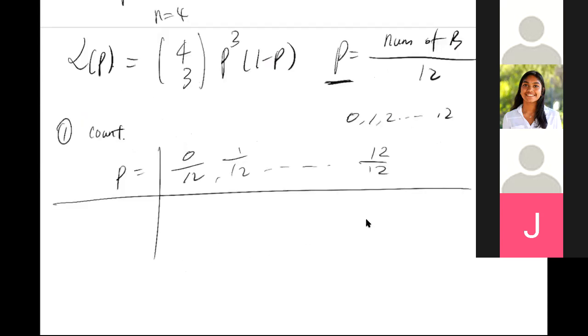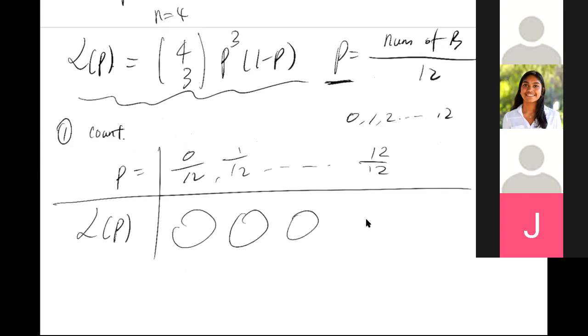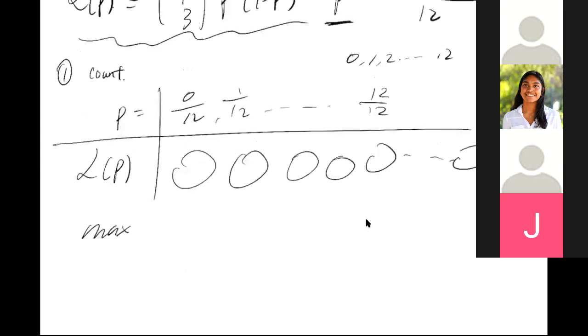Then we have a finite number of function values, and we just plug in and get all the results. Then we compare these 13 results and find the maximum of L(p). That is the maximum likelihood.